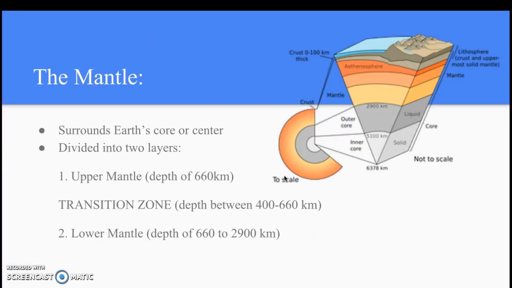Earth's mantle surrounds the core, and it can be divided into two layers: the upper mantle, which is right here, then a transition zone between the upper mantle and the second layer, known as the lower mantle.